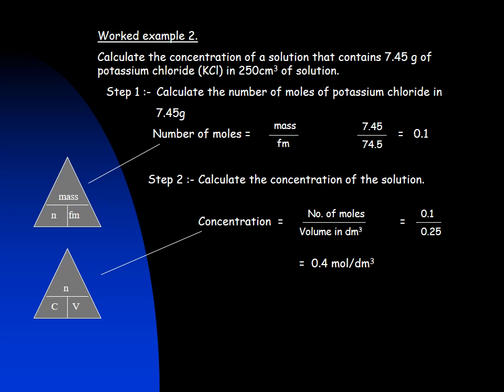So what you can do in this step is either divide by 250, then multiply by 1000, but rather than doing that, it's much easier to just convert your centimeters cubed to decimeters cubed before you substitute the numbers. So 250 centimeters cubed becomes 0.25 decimeters cubed. And if you do this calculation, the answer would be 0.4 moles per decimeter cubed.